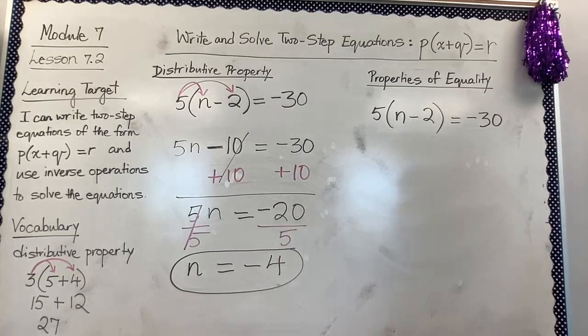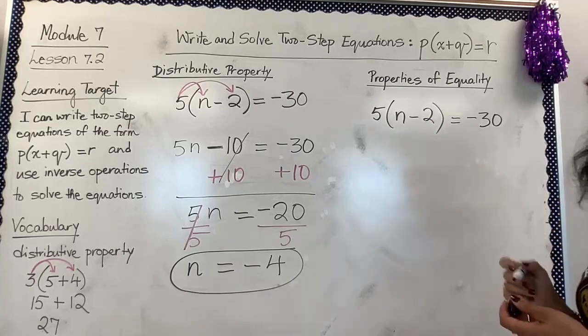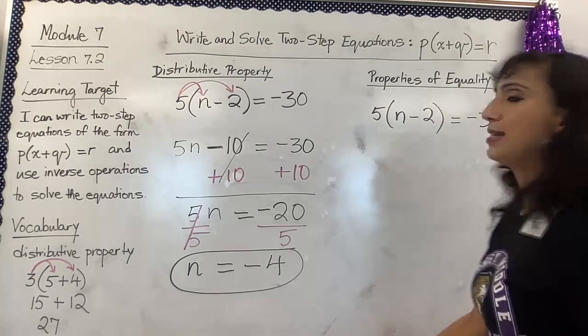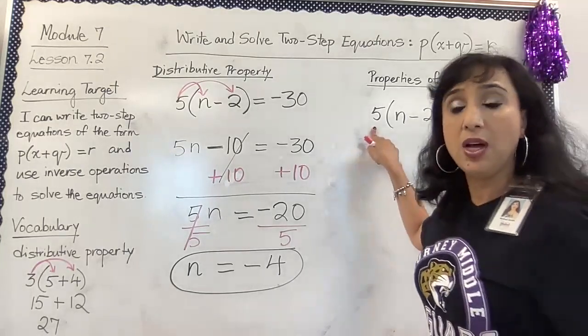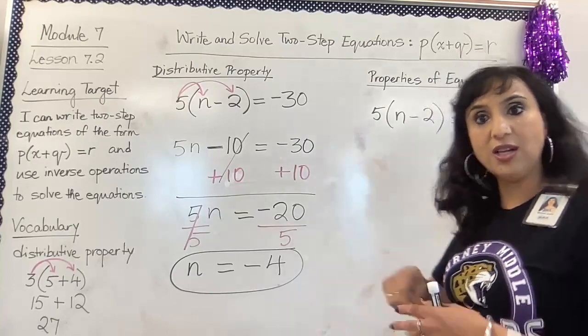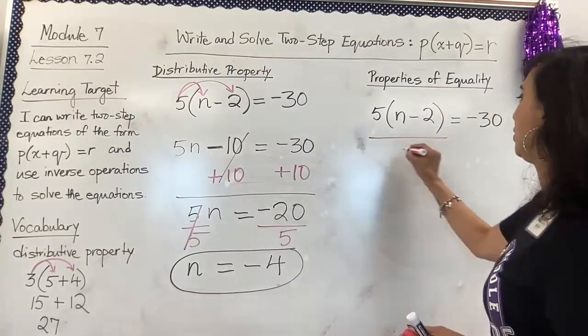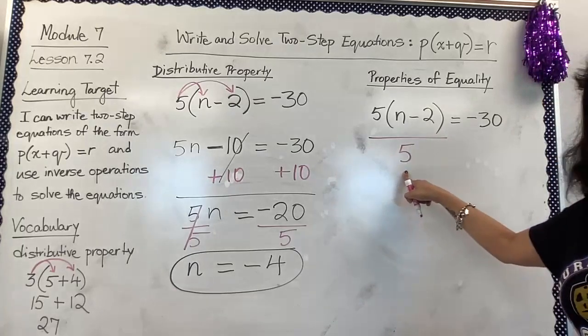Okay, let's try the division property of equality over here. So that method also, and I can see that I am multiplying with 5. So the opposite or the inverse of multiplication is division. So I am going to do division, divided by 5.